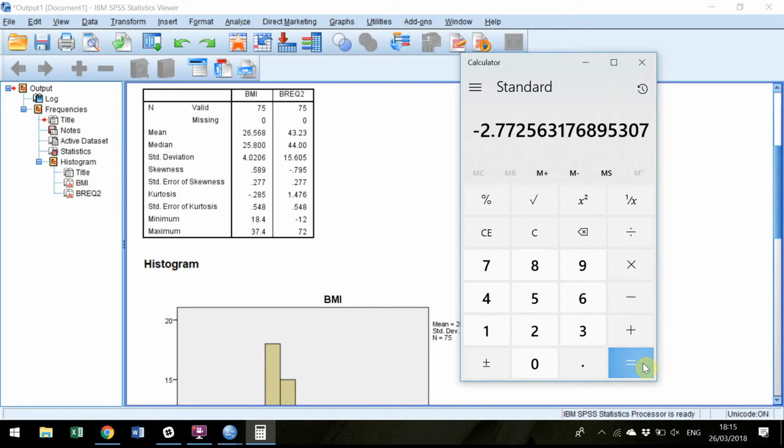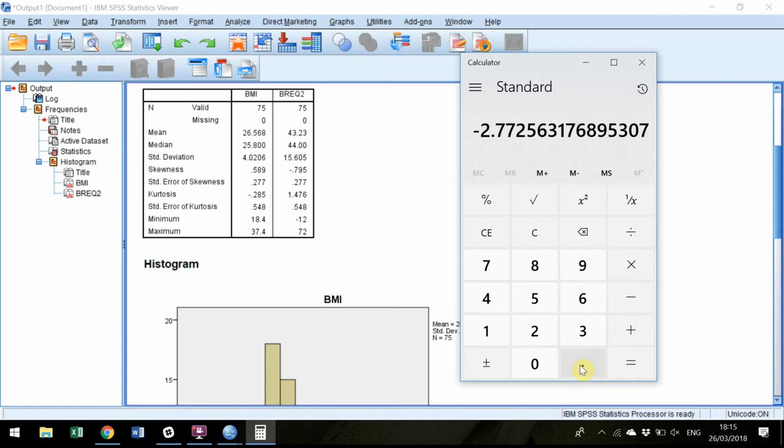And once again, this is quite bad. So both of them seem to be quite skewed, which officially would point us towards, if we didn't alter anything, the use of a Spearman test, as a non-parametric test, rather than the Pearson's.